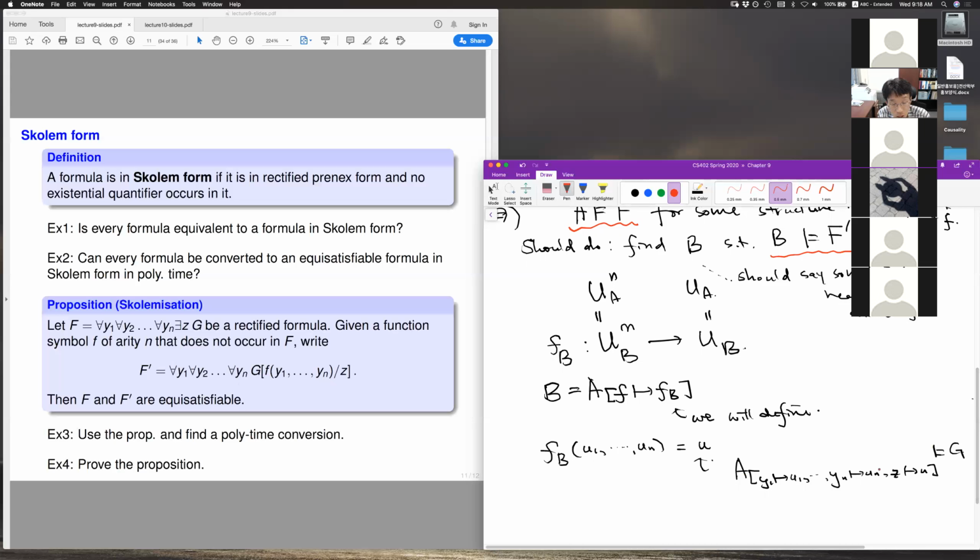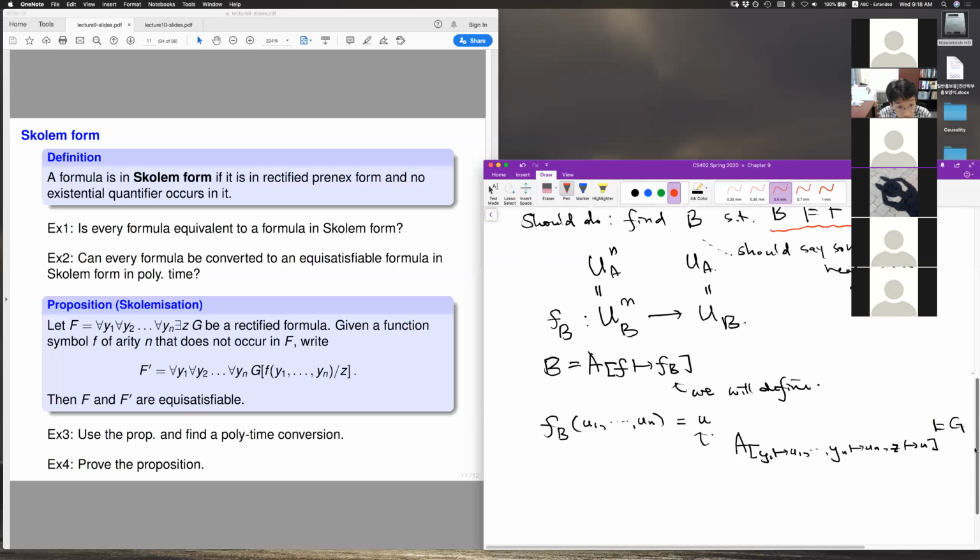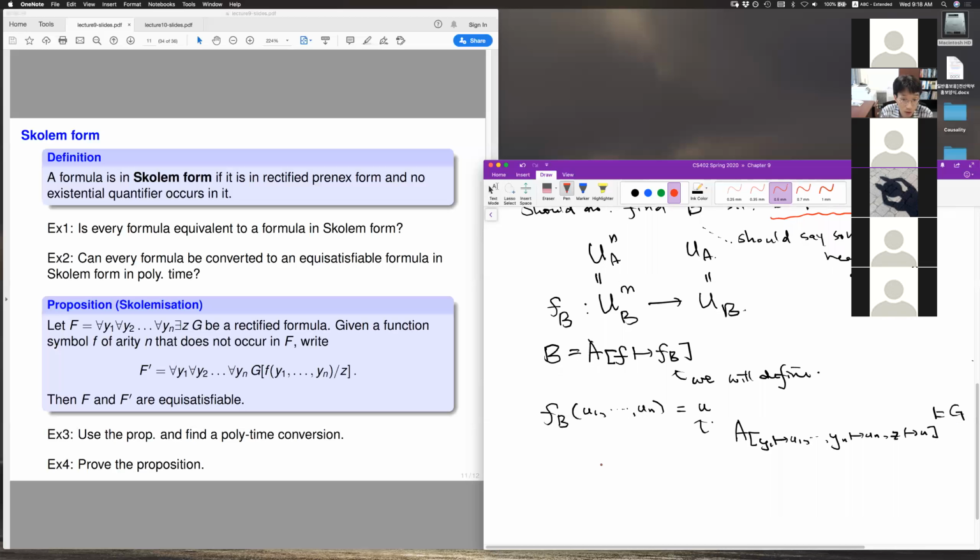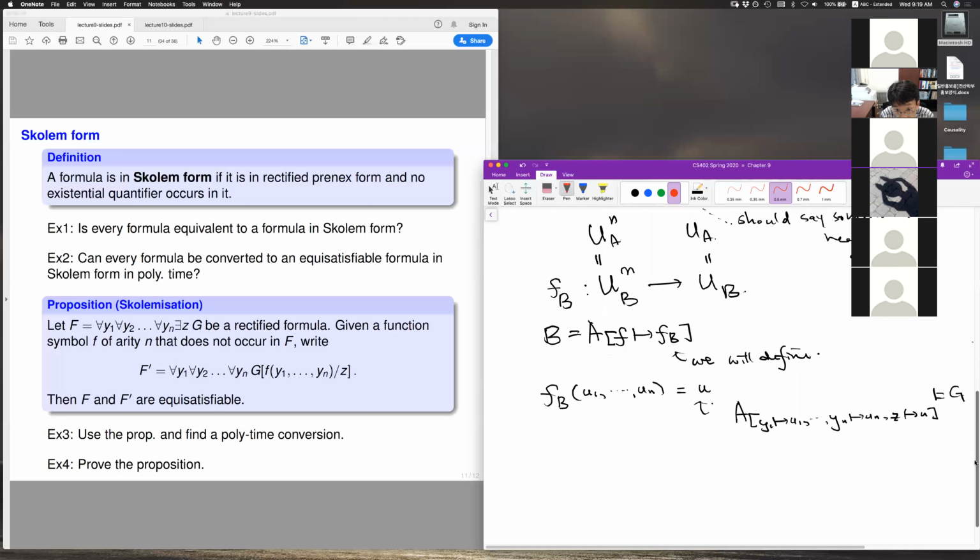You can formally prove this using the translation lemma and the relevance lemma and so on. So that's the way to show that if f is satisfiable, then f prime is satisfiable. And the other direction is also quite easy, even easier.